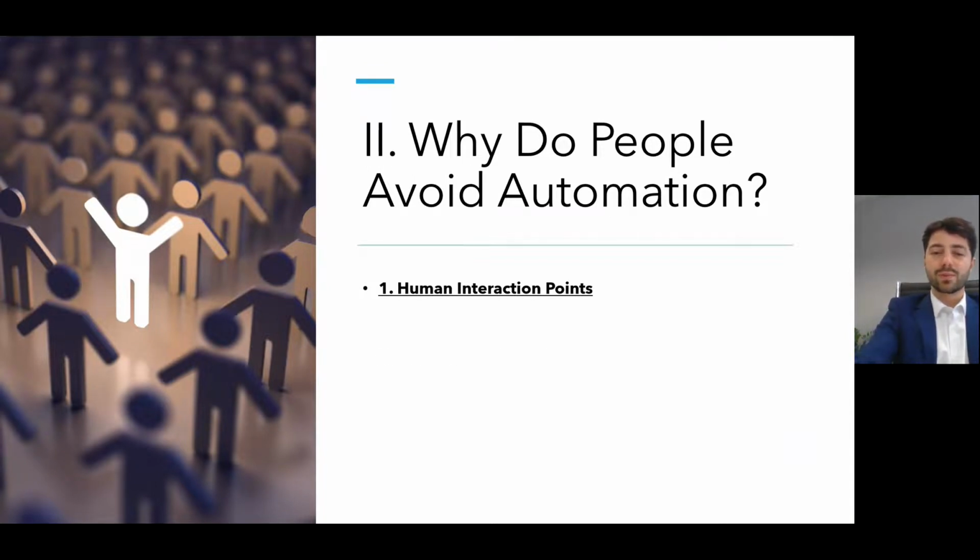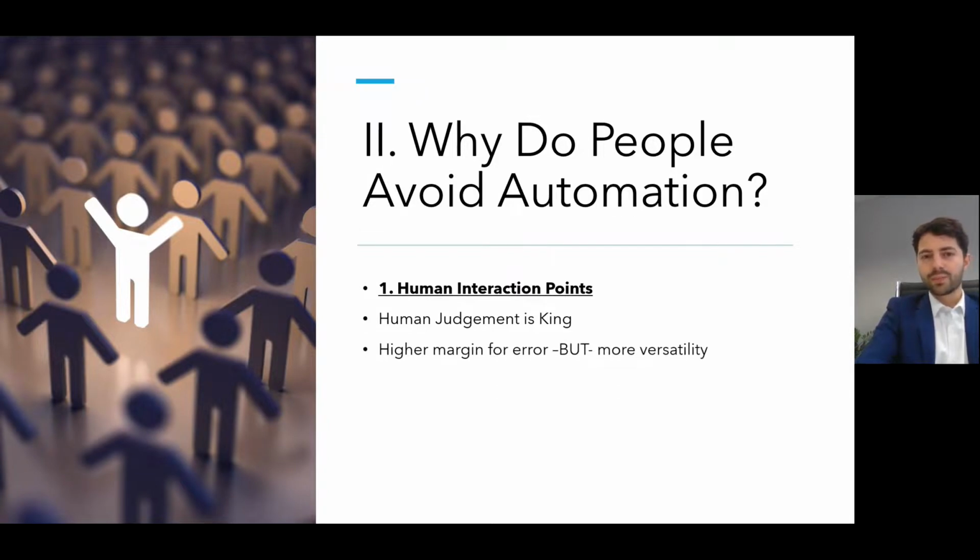So the human interaction point, essentially, if you believe, as I do, that human judgment is king, then you'll absolutely understand why this is a valid point. While humans may have a higher margin for error, they're also more versatile. If they make mistakes, they can fix them. But at the same time, they can adapt to their circumstances and to things coming at them from maybe different angles from what they're used to.